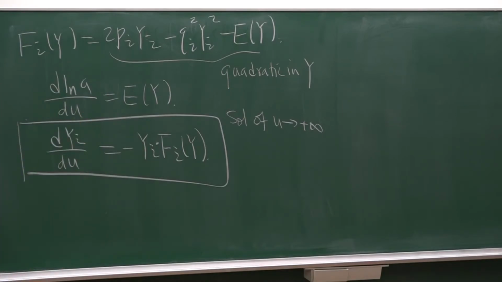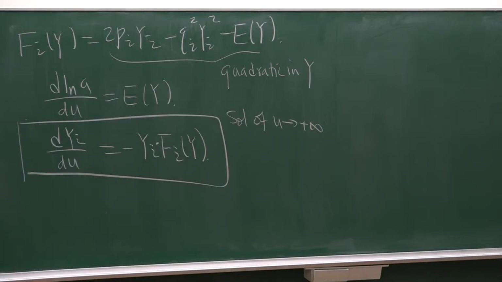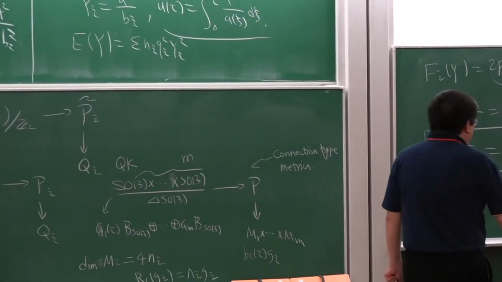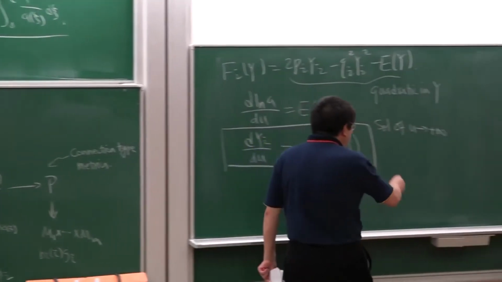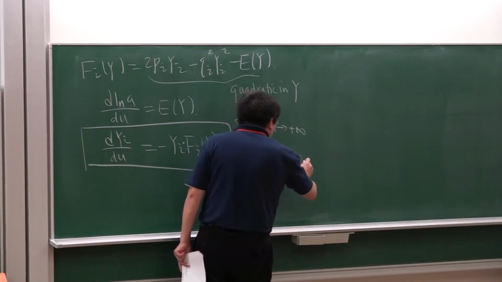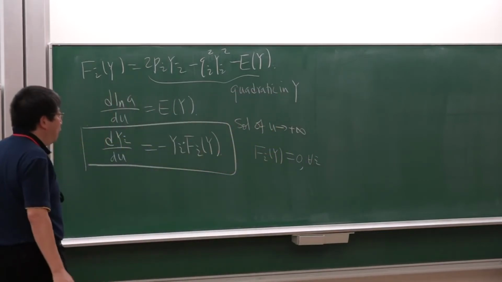One thing you can probably guess is from this flow equation: if you let the Ricci curvature equal a multiple of the metric, you get an Einstein metric. So this one, Fi equal to 0 for all i, gives you the Einstein metric.